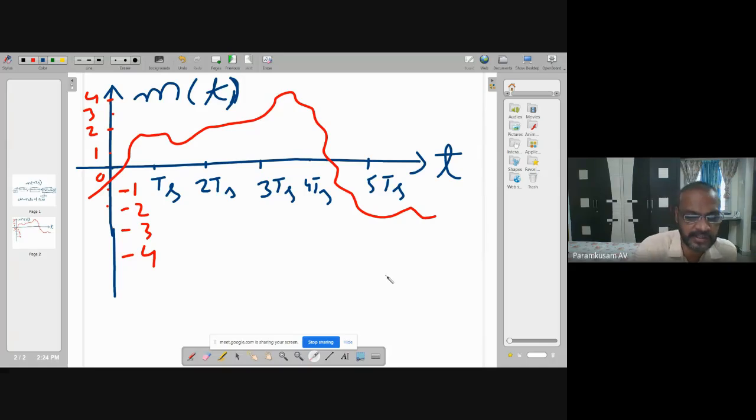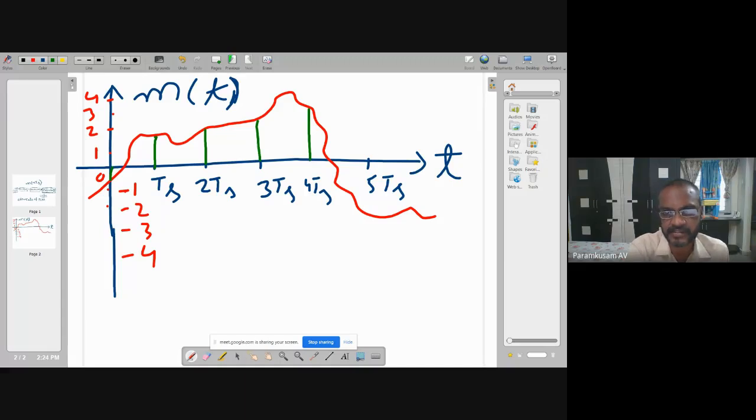Suppose if you take the samples here, then at 0 we get this value. At Ts, the value of m of t has this much amplitude. At 2Ts, the value of m of t is like this. At 3Ts, the value of m of t. At 4Ts, the value of m of t has this much height.